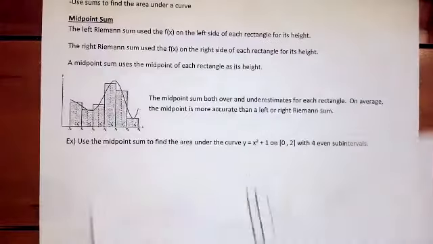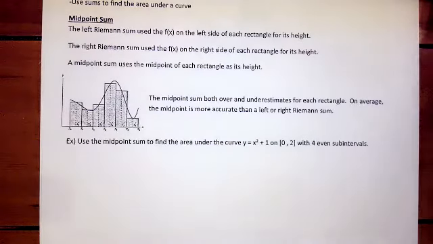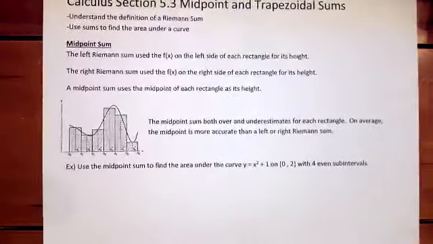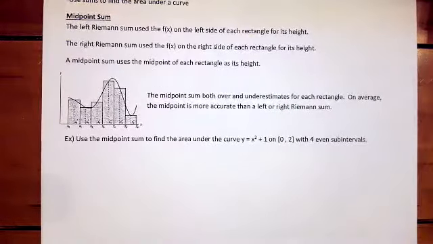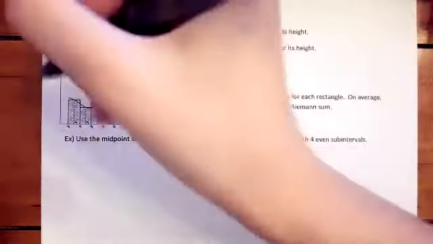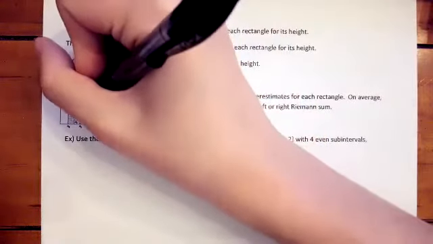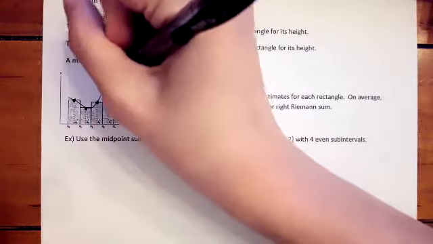Now, rectangles are not the only way to do approximations. We also have midpoint and trapezoidal sums. Okay, so our midpoint sum still uses rectangles, but instead of using the left endpoint or the right endpoint touching the graph, we're going to use the midpoint of each rectangle touching the graph.